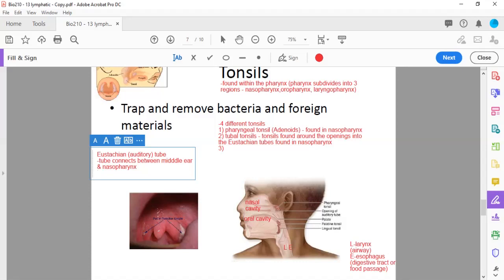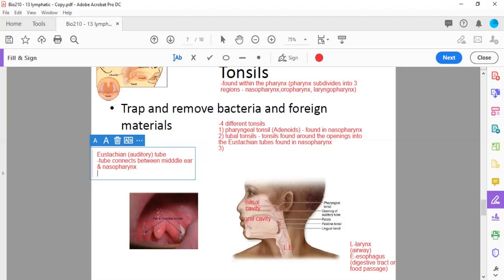So the bacteria can easily move within the tube to go into the ear from the throat. This is very common, especially in babies. Once babies get throat infections, they get ear infections. You can ask me why in the Q&A, but let's move on.